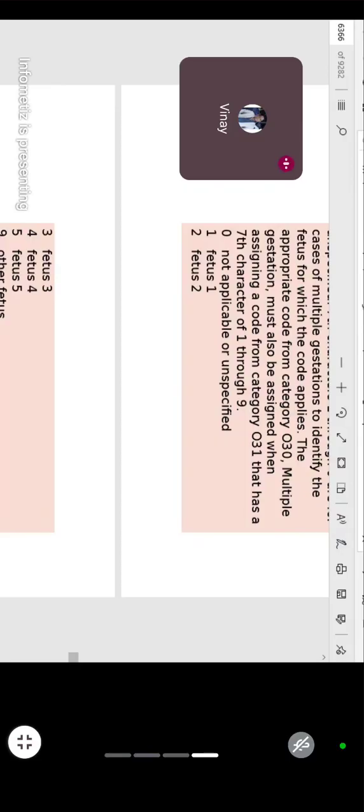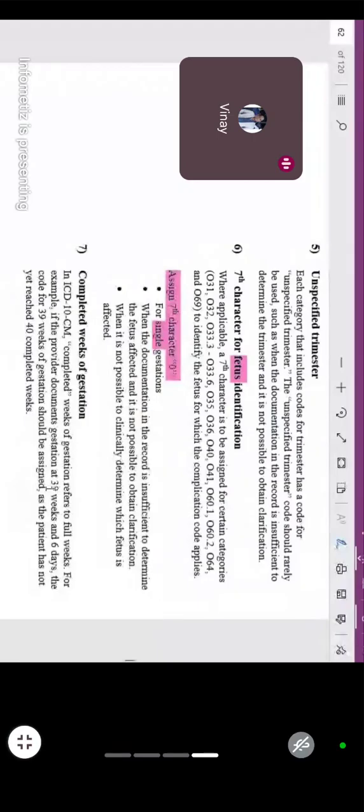So here you can use 0 for a single gestation, and when the documentation in the record is insufficient to determine the fetus affected and it is not possible to obtain clarification. When the documentation in the record is insufficient, or if it is not possible to clinically determine which fetus is affected, at that time also you will code 0.